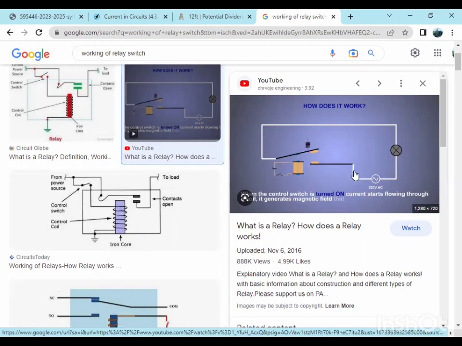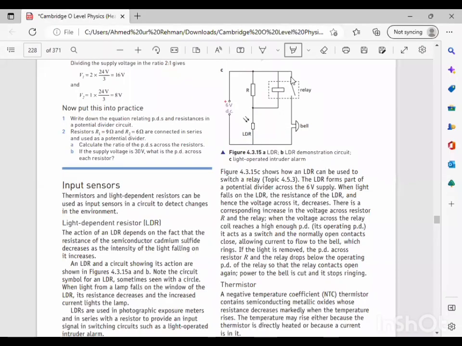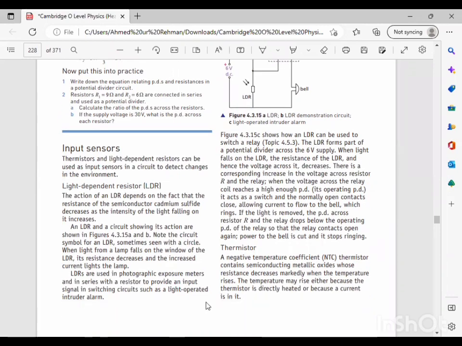When contacts close, current is allowed to flow, and your bell is going to operate. Moving back to the book, current flows to this bell and the bell starts working. So this is how it's working.